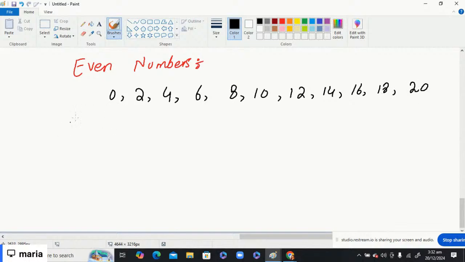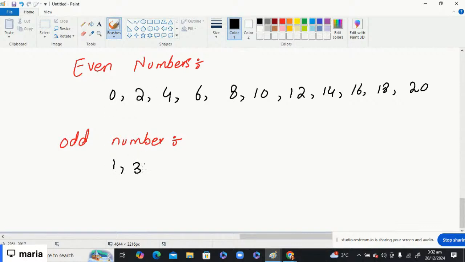Got it? Now for the odd numbers. Like in between 0 and 2, it's 1, between 2 and 4, it's 3.